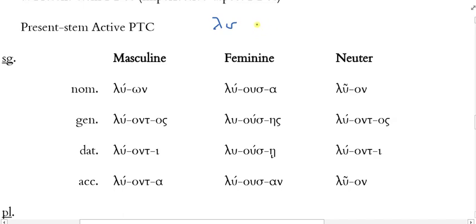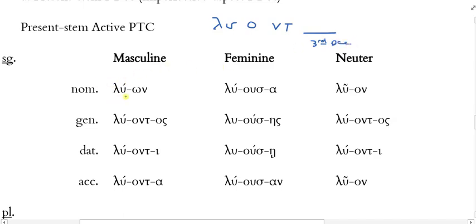We're going to add our connecting vowel here, which is going to be omicron throughout our paradigm, because what we're dealing with in the active stem are nu tau participle morphemes. And remember, your rule is connecting vowels are omicron before what? Mu or nu, and then epsilon before anything else. And we don't have any situations where that's really going to happen here. So then I'm going to have my nu tau, and then I'm going to have my case endings. And since I'm adding the case endings to nu tau, which case endings am I looking for here? Third declension, right?